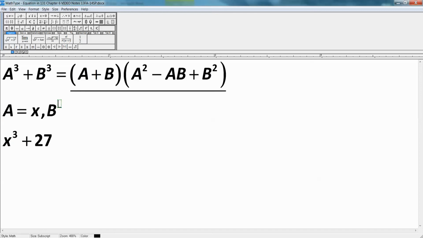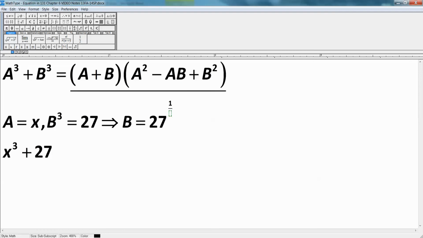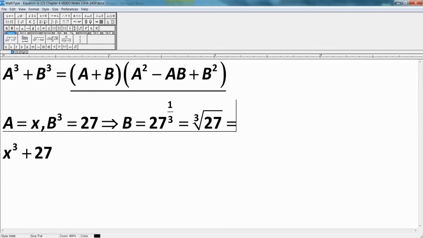Now b cubed is 27, so b must be equal to 27 to the 1/3 power, which we also know as the third root of 27. We learned all of that in chapter 4, and that's 3. So there's my a and there's my b. My a is x, my b is 3.